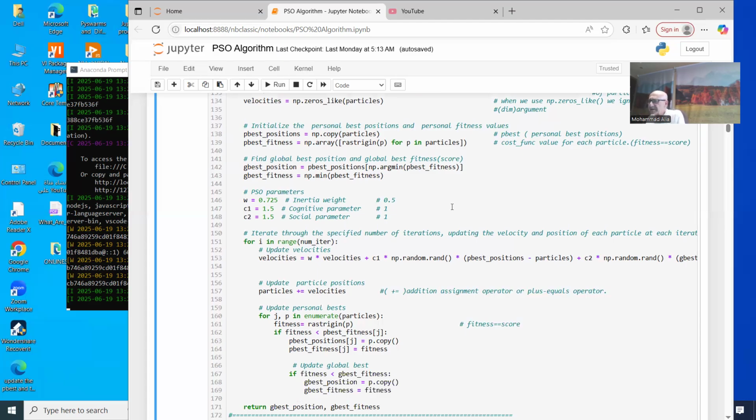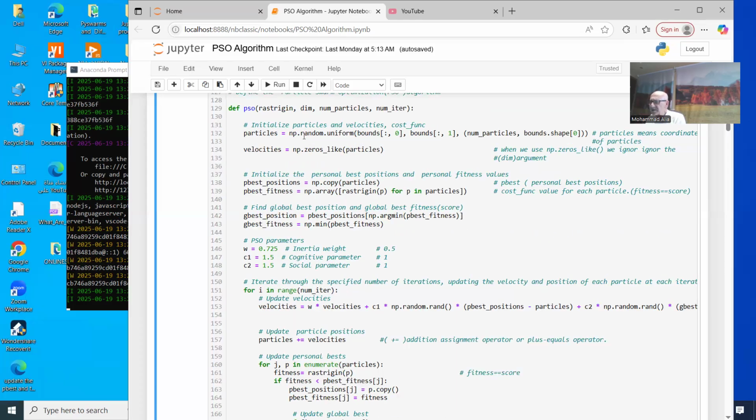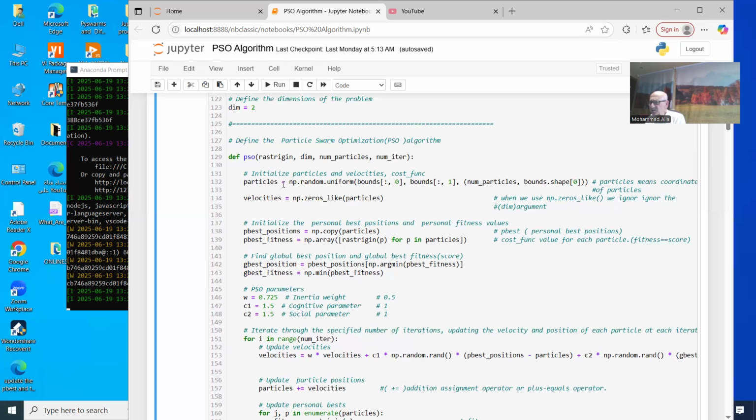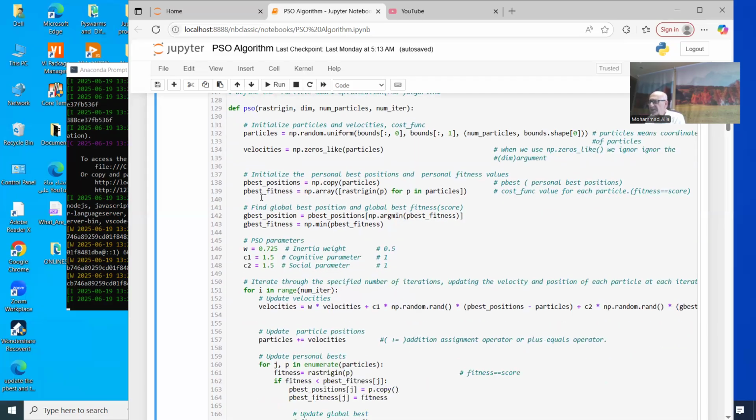But one interesting thing, now we need to find the personal best position and the personal best fitness for each particle. But we have these values already created. We have the particles values, the positions I mean here, and the velocities. So there are no more values to compare with.